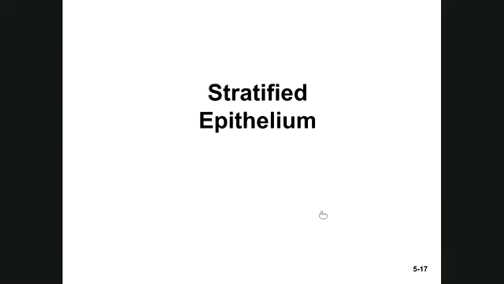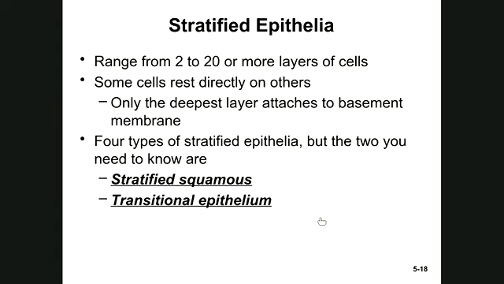Then we have a stratified epithelium. In the stratified epithelium, I only want to introduce two types of epithelium to you. One of them is stratified squamous, and the other one is called transitional epithelium.